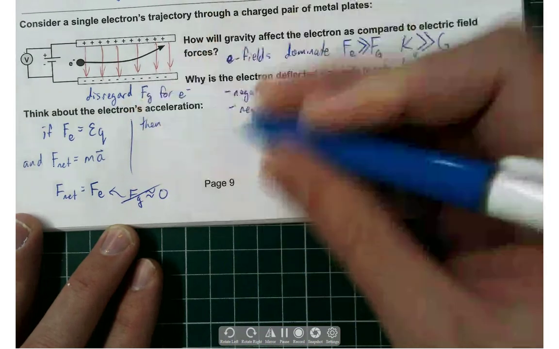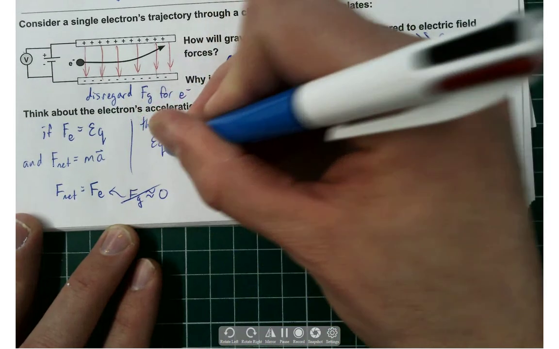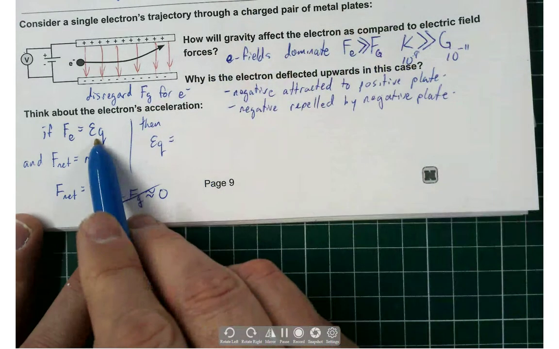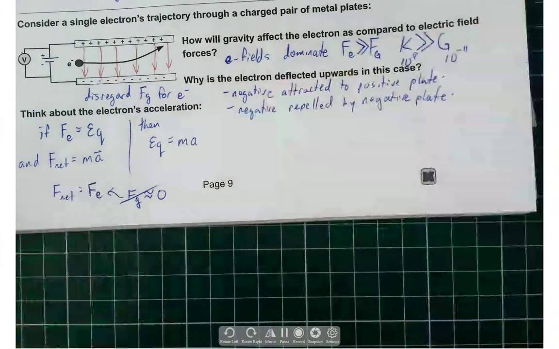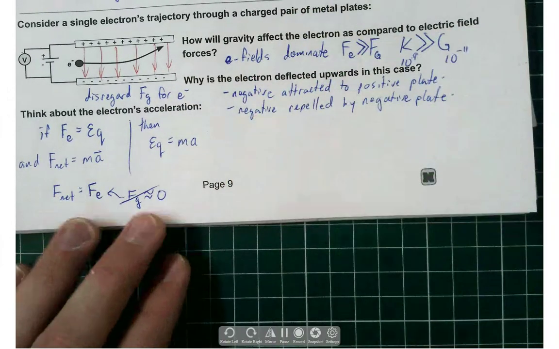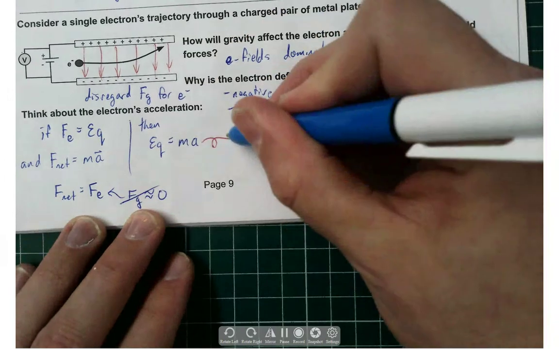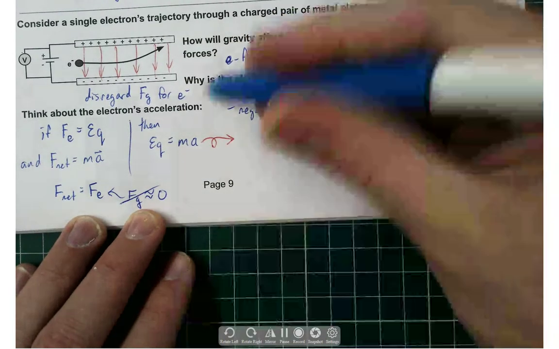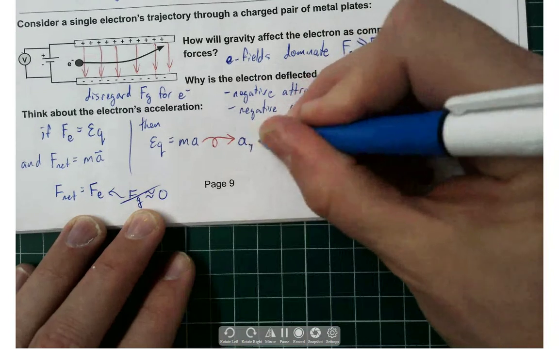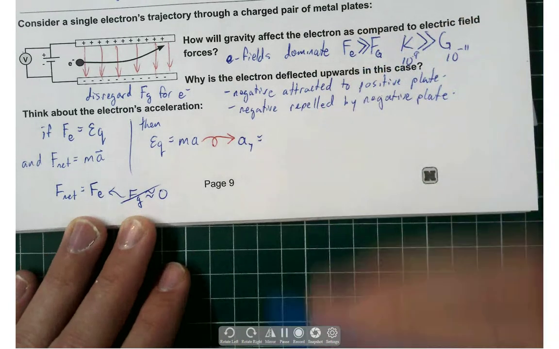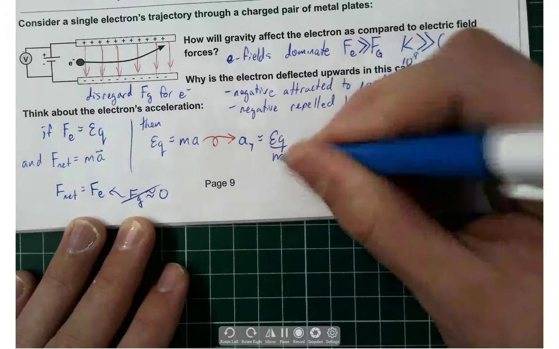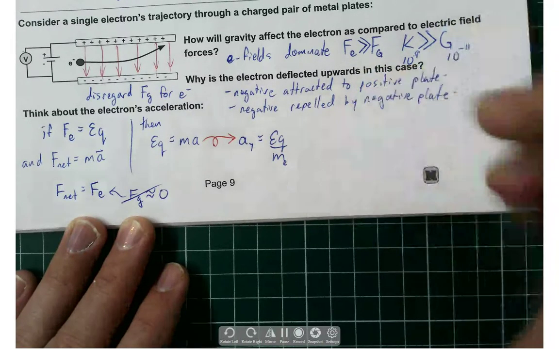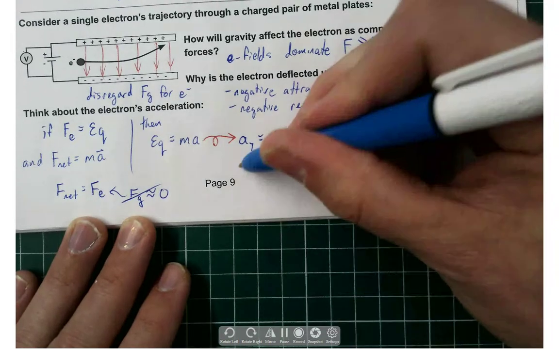So then epsilon q, that's the force, has to be equal to mass times acceleration. And if we do a little bit of algebraic gymnastics, that means that acceleration in the y direction for this electron as it flies between these metal plates is going to be epsilon q over the mass of an electron. We can call it m_e for electron, just so that we don't lose track of what mass we're talking about here.